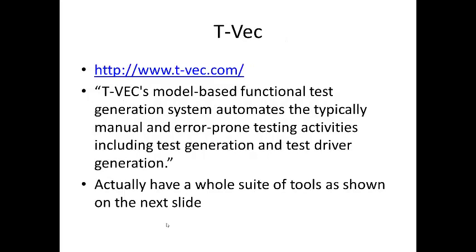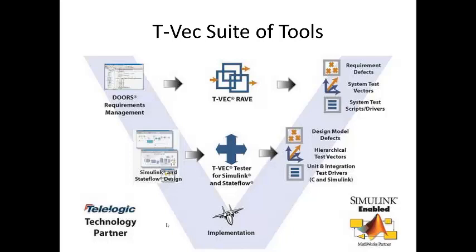Another example of a professional testing tool is Tvec, and basically this is a functional test generation system that automates the manual and error-prone testing activities, including test generation and test driver generation. Actually, they have a whole suite of tools that are shown on the next slide, and you can see the V there.